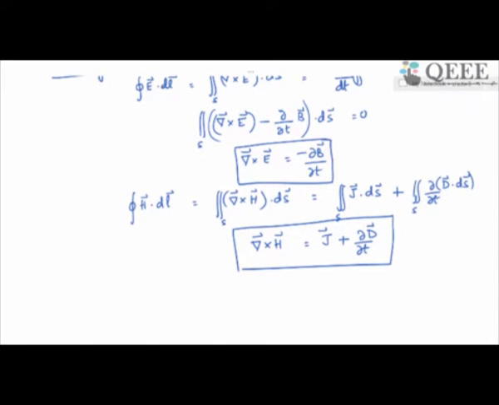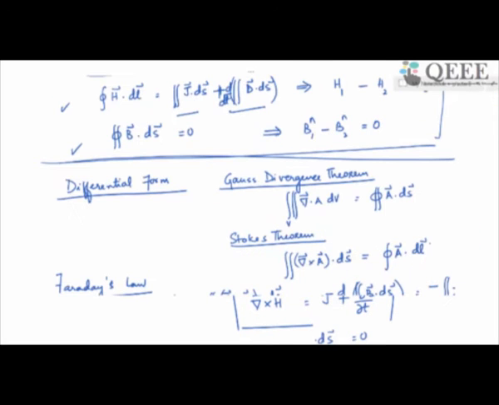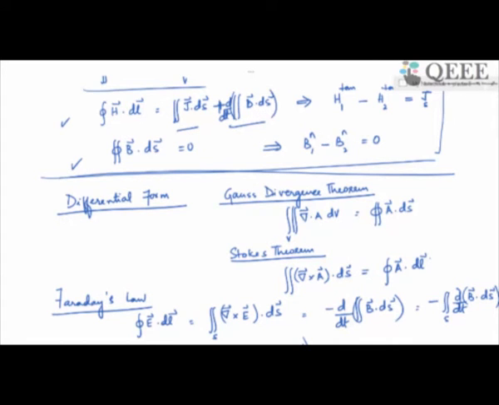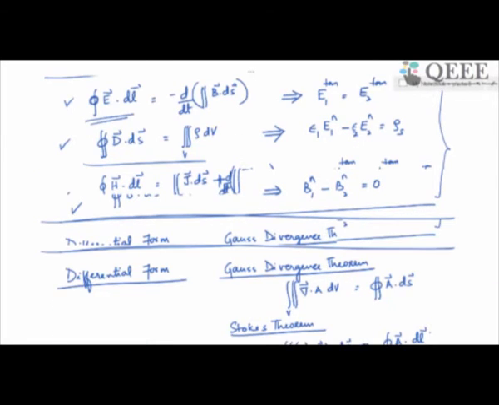Now how do I apply the Gauss theorem? I have applied Stokes theorem on Faraday's law and Ampere's law and I got the point form. Now how do I apply the Gauss divergence theorem?